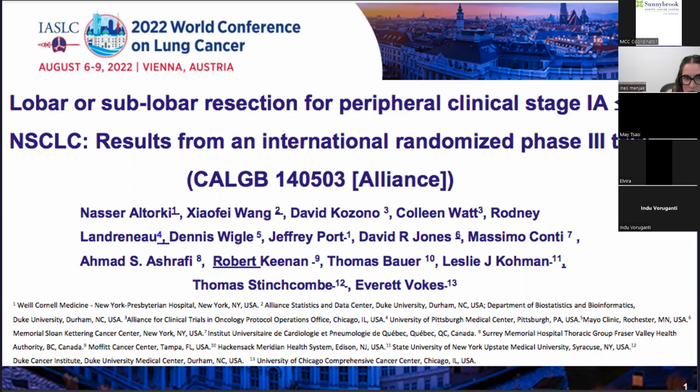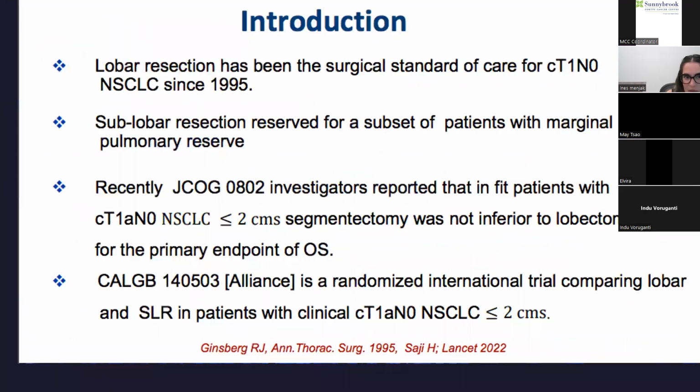Lobar resection has been the surgical standard of care for clinical T1N0 non-small cell lung cancer since 1995. Sublobar resection was reserved for a subgroup of patients with marginal pulmonary reserve.